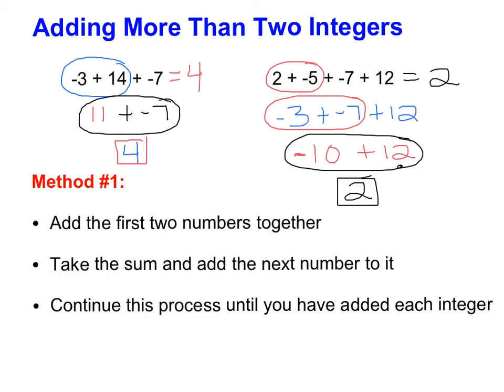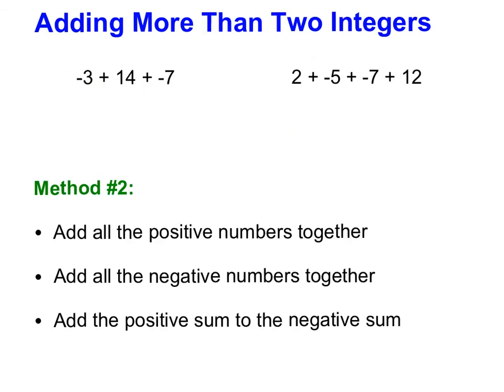Well, that takes a lot of work, so I have a second method that you can choose to use. Either one is fine. Method number 2 says go ahead and group all of the positive numbers together. Then I'm going to add all the negative numbers together, and then we'll add the positive sum to the negative sum. So looking over here, I have negative 3 and negative 7, so I just add those together and I get negative 10.